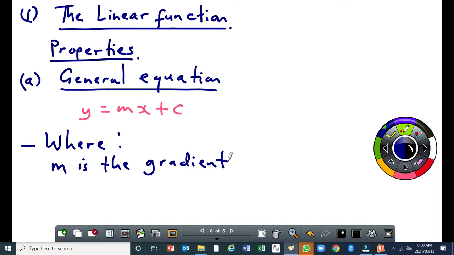M is the gradient, and its formula is m equal to y2 minus y1 over x2 minus x1.